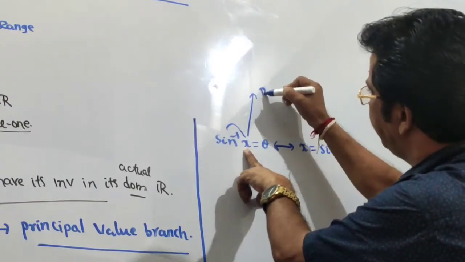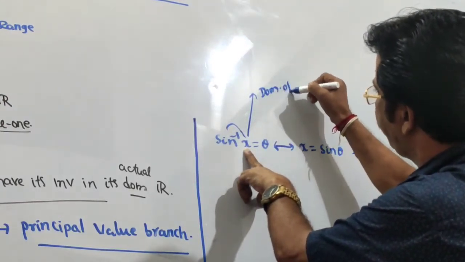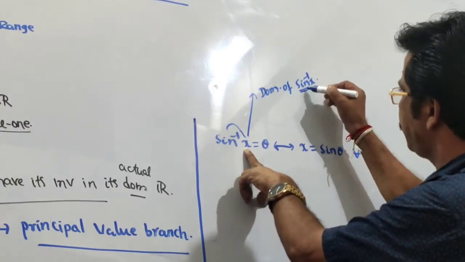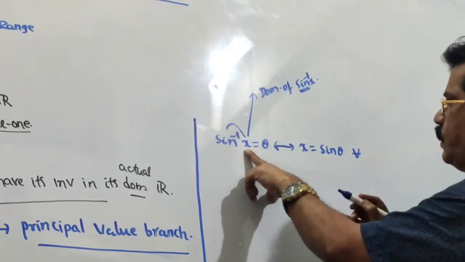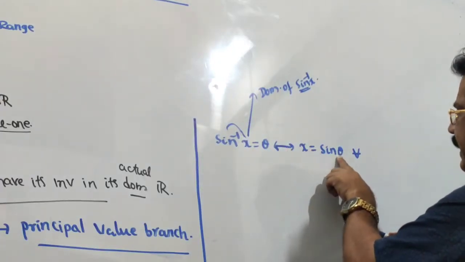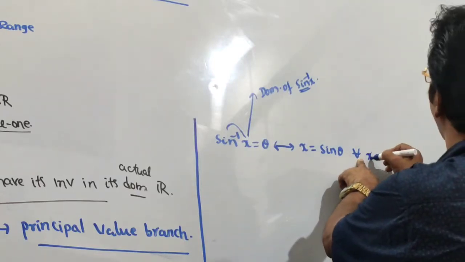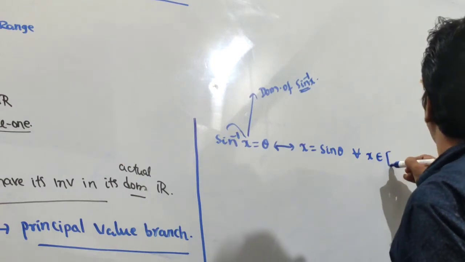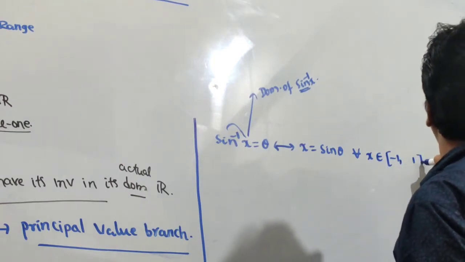So sine inverse x is equal to theta implies x equals sine theta, for all x belongs to its domain, the closed interval of minus 1 comma 1.